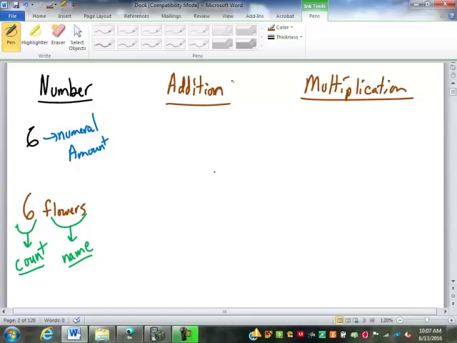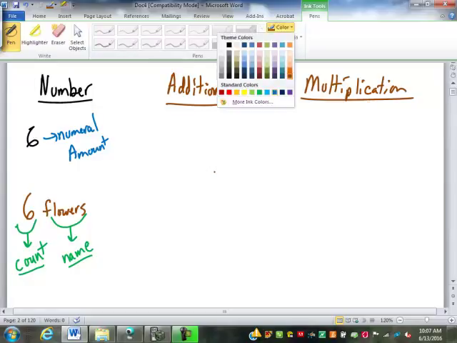Subtraction is just the reverse. In fact, the definition of subtraction is the reverse of addition. So anyway, any rules that apply for addition also apply for subtraction. The same goes for multiplication and division. They're the same operation, just one's going forward and one's going in reverse. So any rules that apply to multiplication also apply to division.